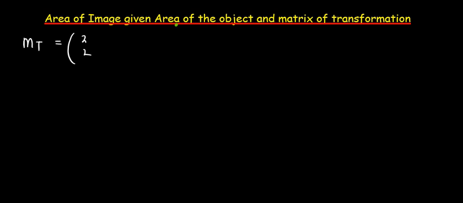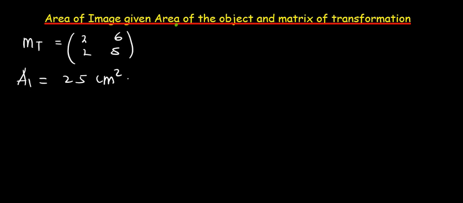A square is given a transformation represented by the matrix 2, 2, 6, 5 to obtain its image with area of 25 square centimeters.